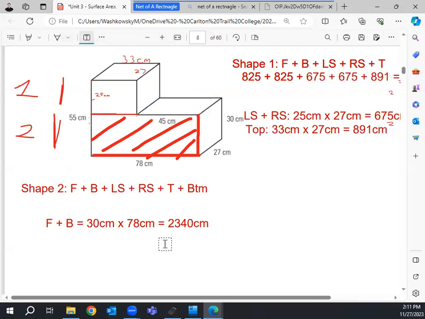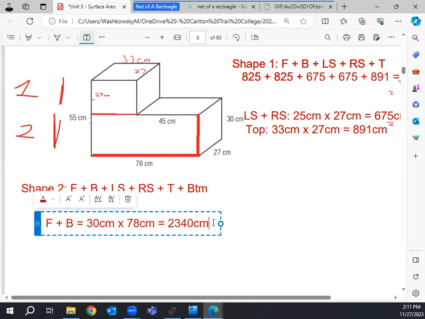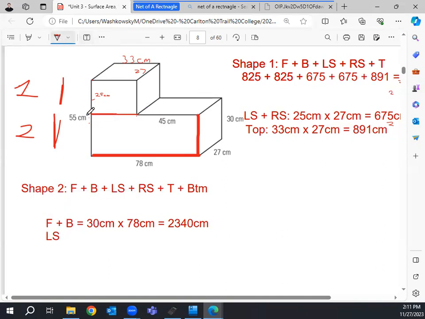I'll put the squares in at the end. I want to keep my pencil that same thickness right now. But so 2,340 centimeters squared. So that's the front and the back. The next one I had was the left side and the right side. Now, are those going to be the same? Left side, right side. Yeah, probably they will be. Because remember, I'm only figuring out this part of the left side, because I've already done shape 1's left side, right?